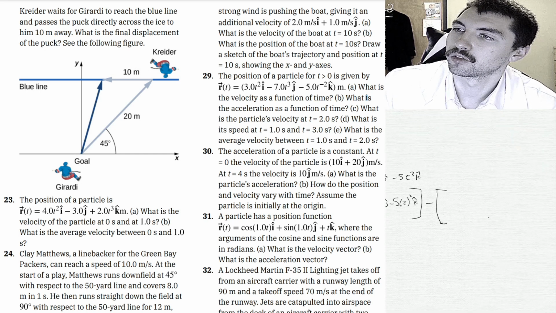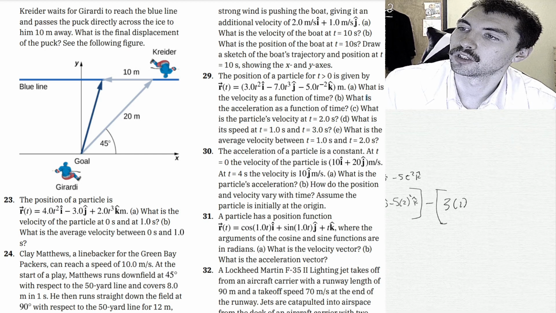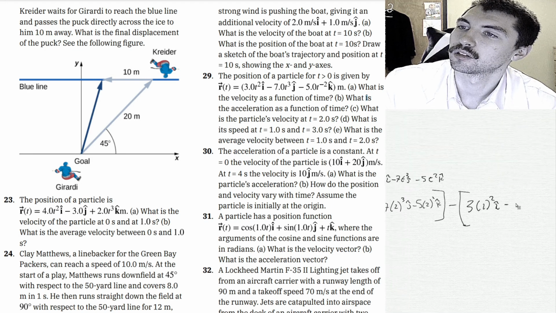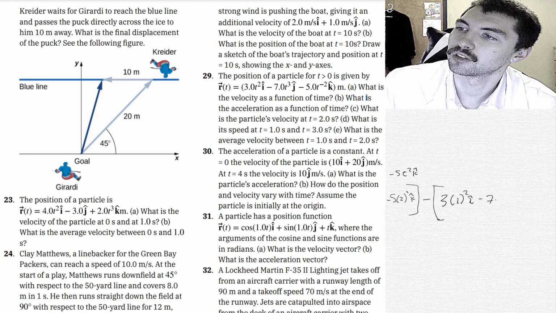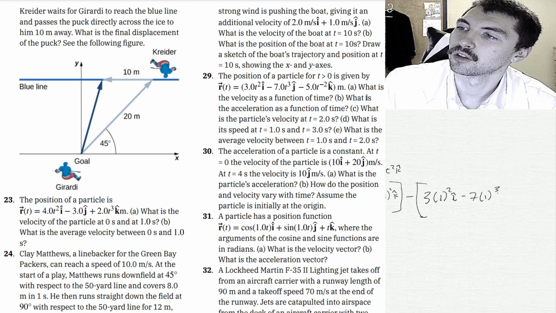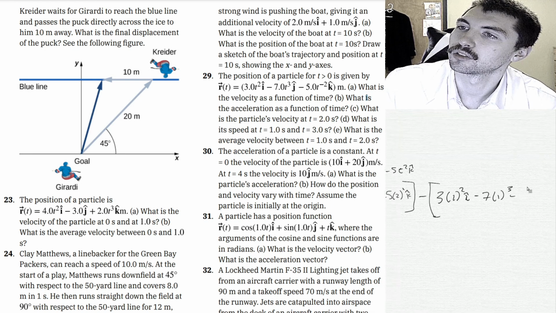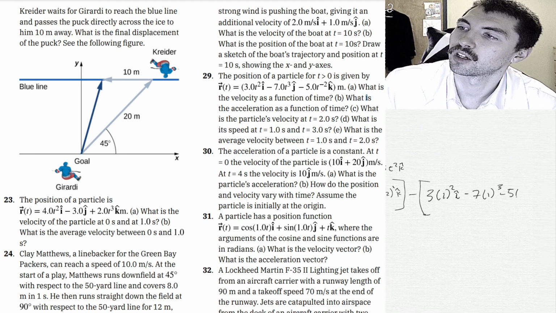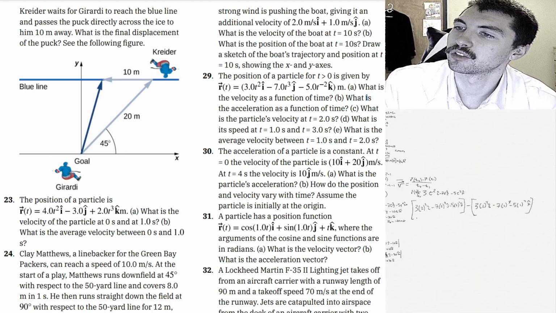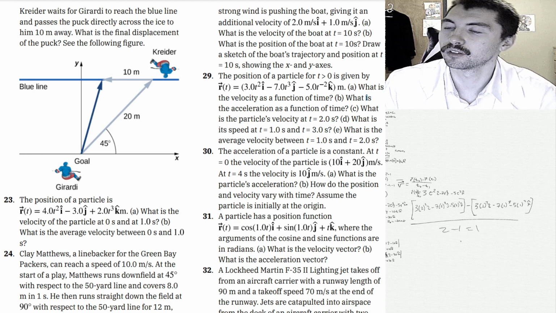So we have 3, 1 squared i minus 7, 1 cubed j, yes, it is cubed, minus 5, 1 squared k. And then all of this is divided by 2 minus 1.